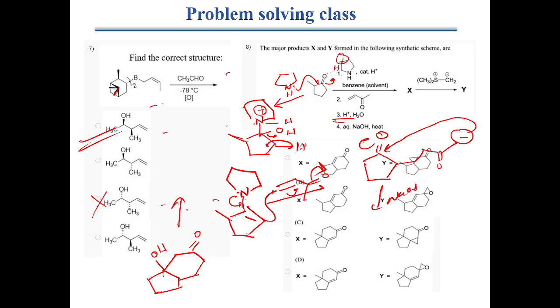After elimination of water, abstraction by base, this will give this product. So this is the example of Robinson annulation reaction.